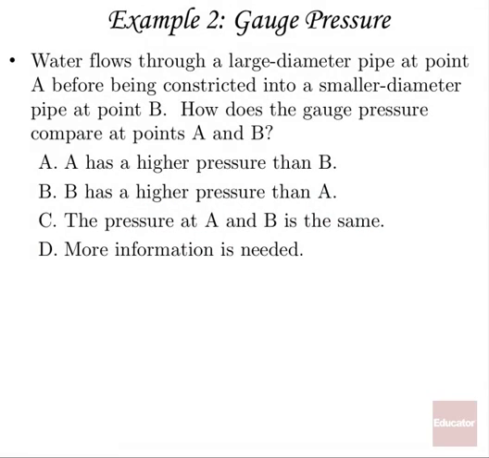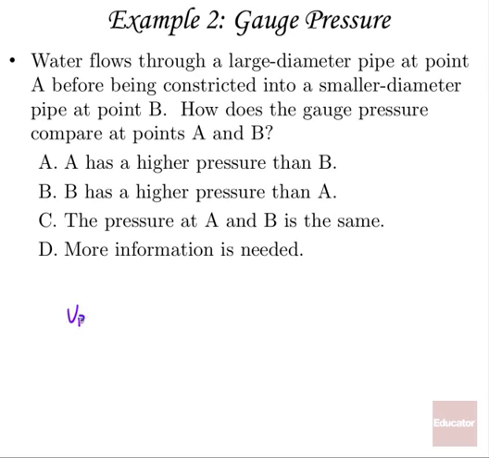We could look at an example with gauge pressure here too. Water flows through a large diameter pipe at point A before it's constricted into a smaller diameter pipe at point B. How does the gauge pressure compare at points A and B? Well, if the water is going through this pipe and it's being constricted, it must be going faster, right?